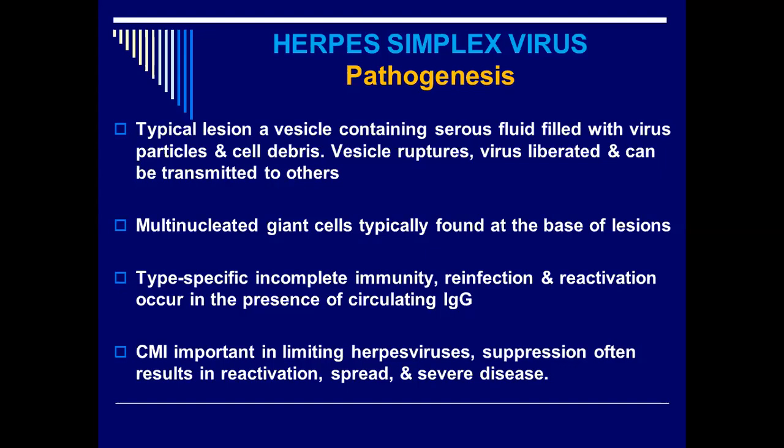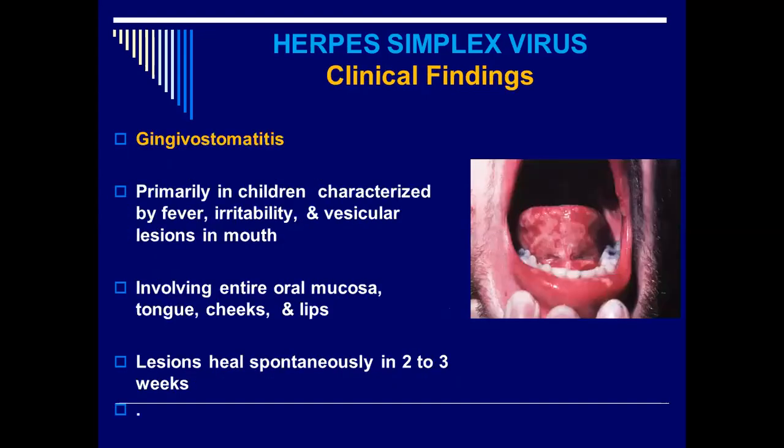So if you are immunocompetent, your immunity is fully functional, you cannot have the reactivation. But once you are immunocompromised, you can have the reactivation and spread of viral infection that may result in severe diseases. Let us see the clinical findings of the herpes simplex one by one.